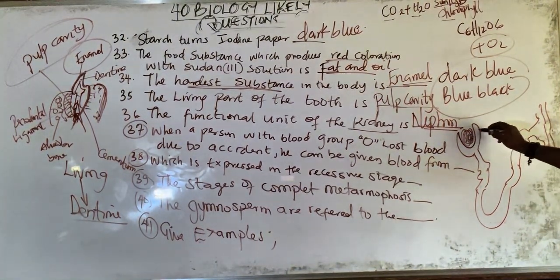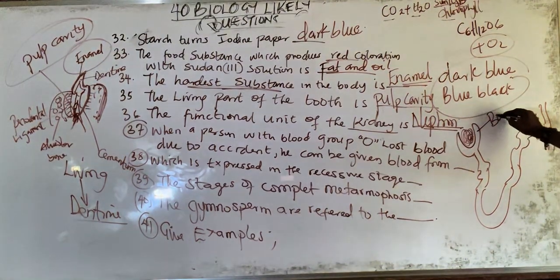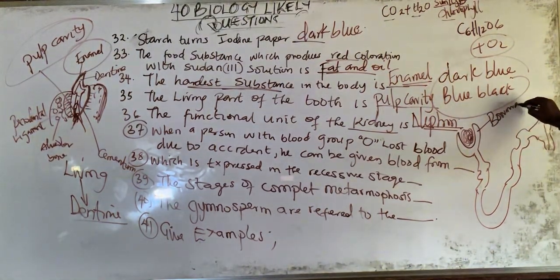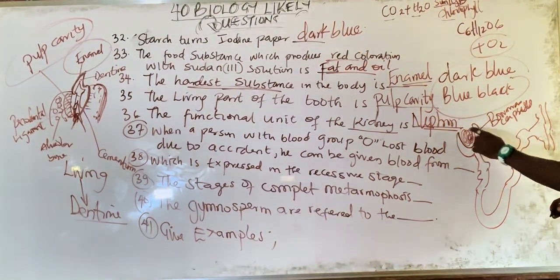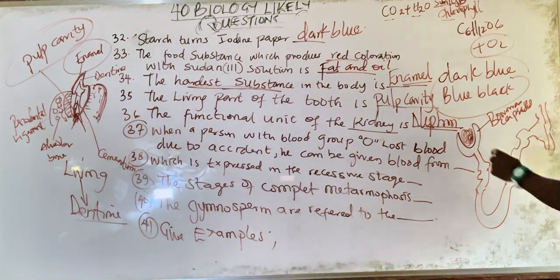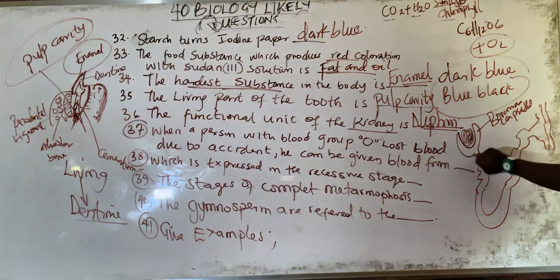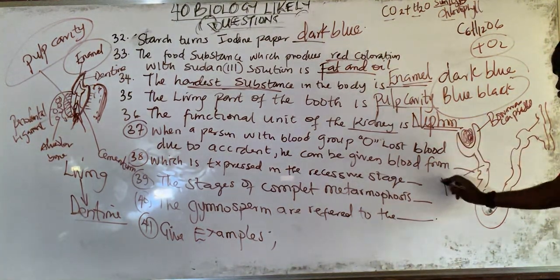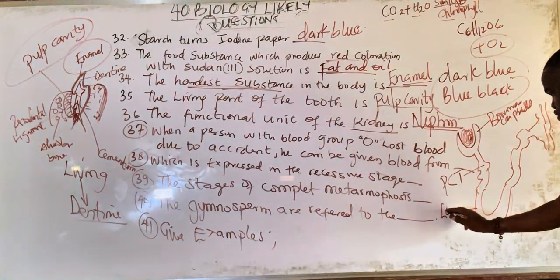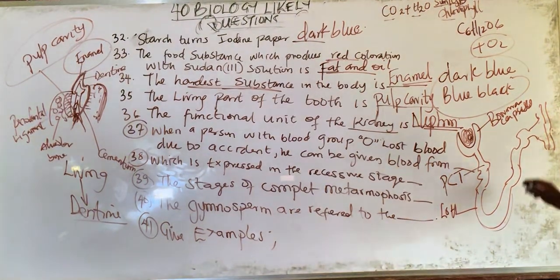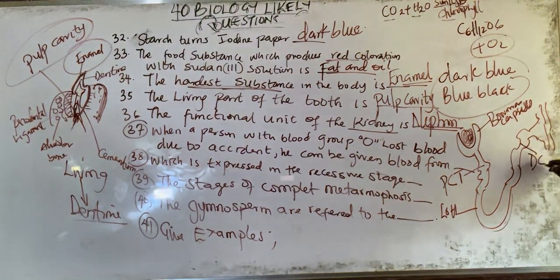See, this is the Bowman capsule. The Bowman capsule is like a bowl, right? These are the glomerulus, where the filtration happens. Then the proximal convoluted tubule, right? This is the loop of Henle, okay? Then this is the distal convoluted tubule.